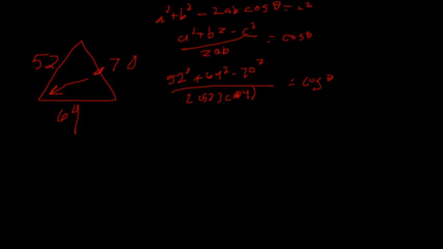Now, I'm going to find the value of the numerator and the value of the denominator and then divide them to get the value of cosine theta.